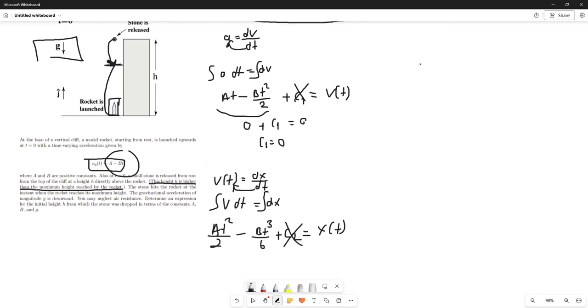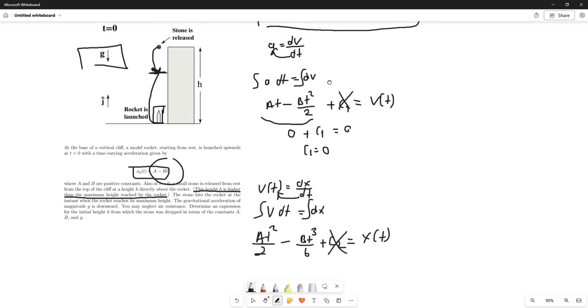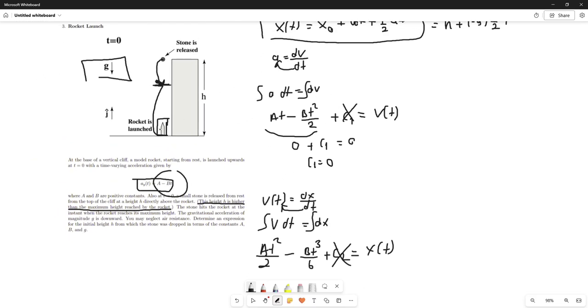So guys, we should find the t, but which t should we find? We should find the t at which they hit each other. How do we find this t? Guys, imagine that this rocket is moving upward and losing its acceleration over time.